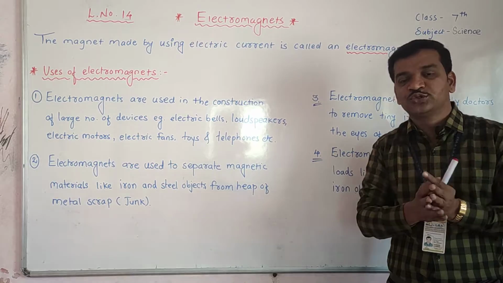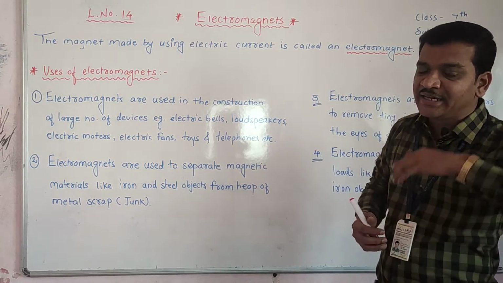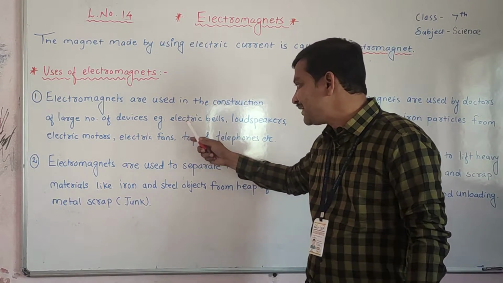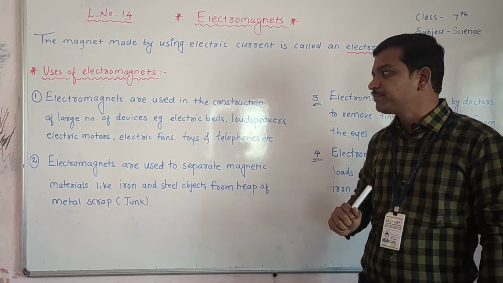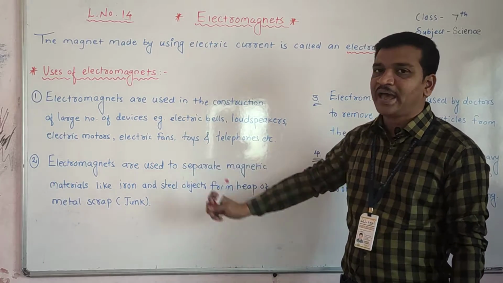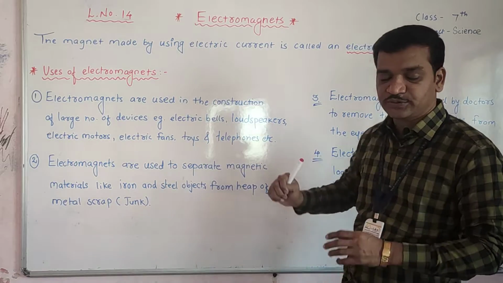So the first use is this: electromagnet is used in different kinds of devices, especially electric bells, loudspeakers, electric motors, electric fans, toys and telephones.